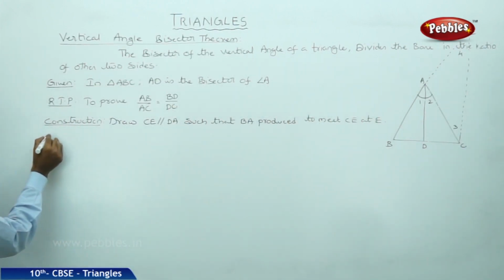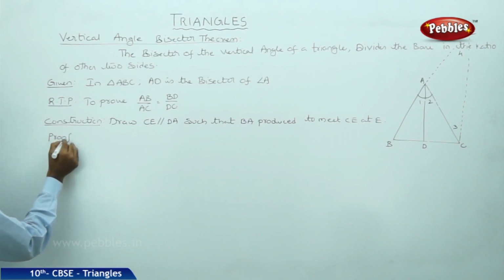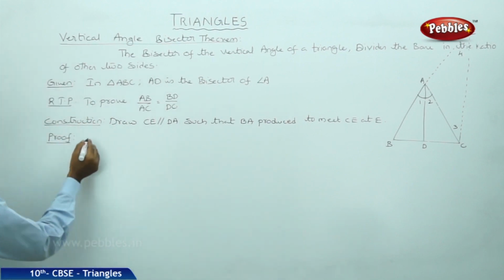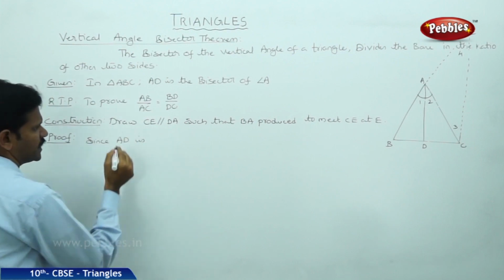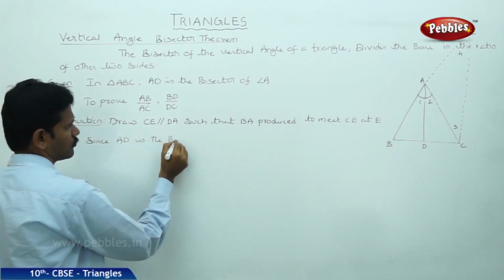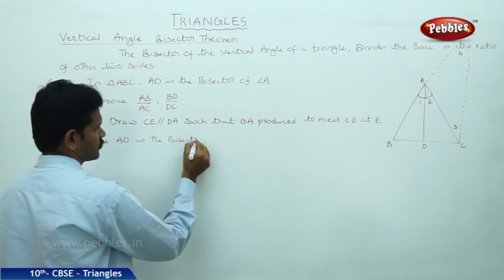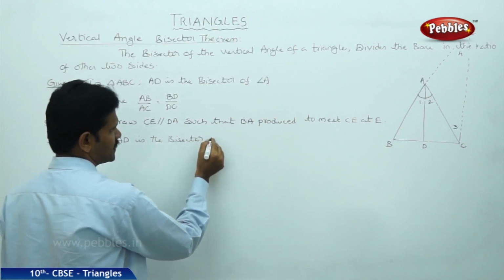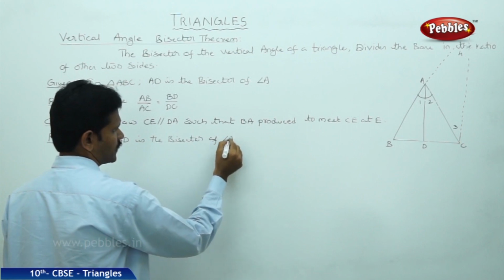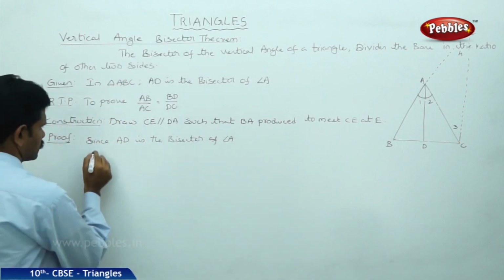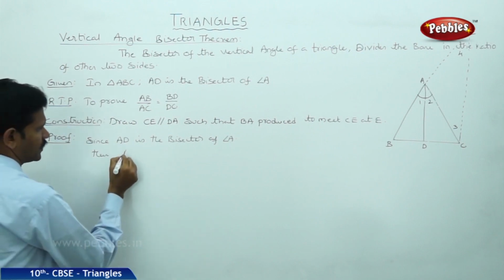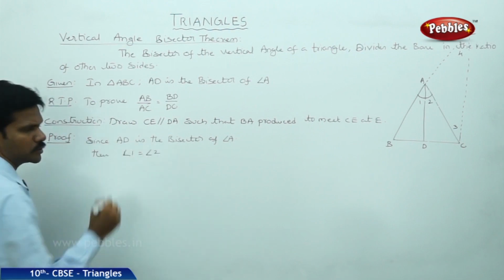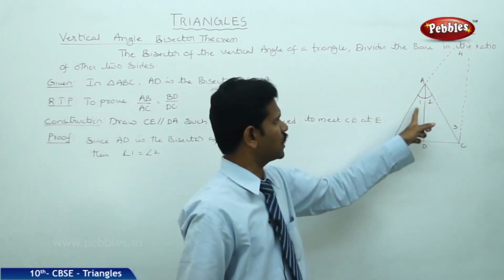Now proof. Since AD is the bisector of angle A, we conclude that angle 1 is equal to angle 2. These two are equal.